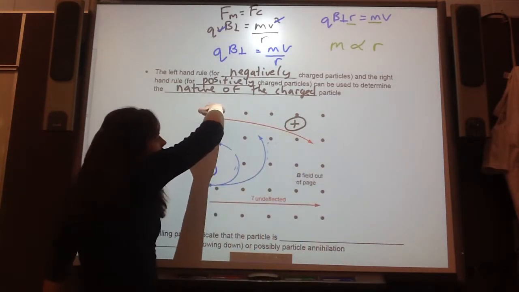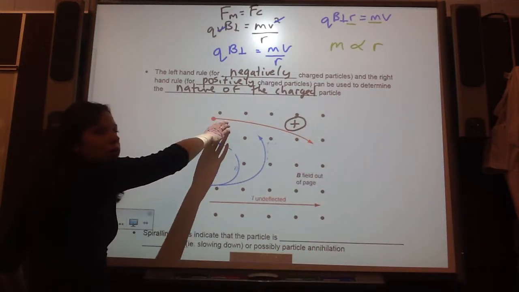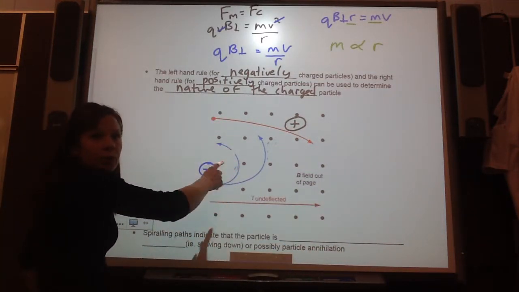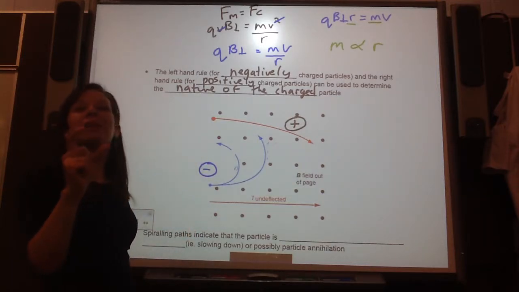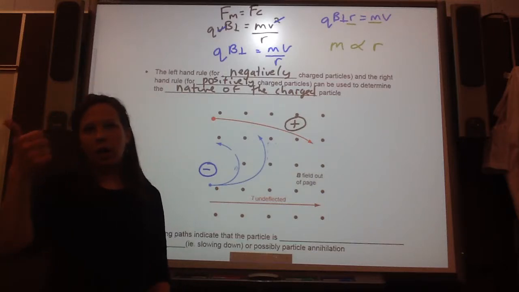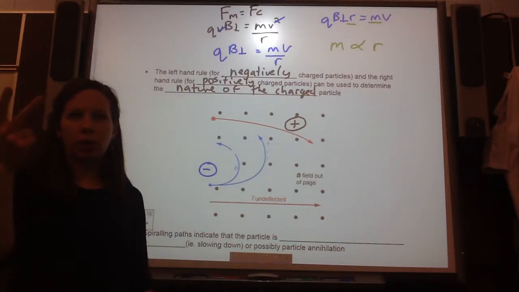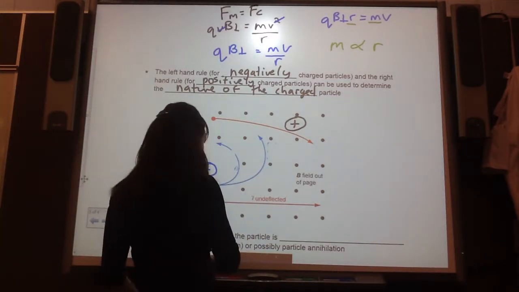Agree? If I made this a whole circle, this radius would be larger than these. Yeah? Okay. So that means since its radius is bigger, its mass is larger. So compared to, say, my options of an electron, a positron, and a proton, the most massive of those three is a proton.